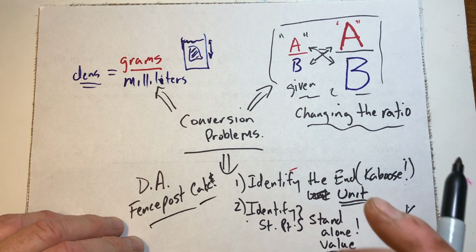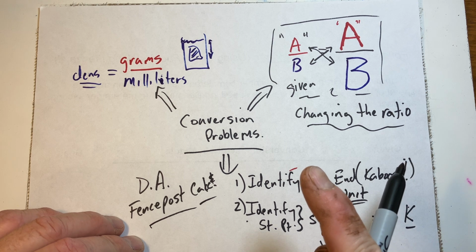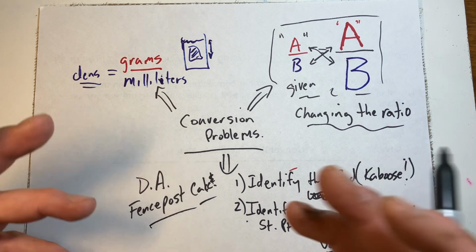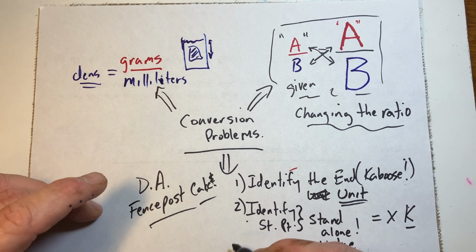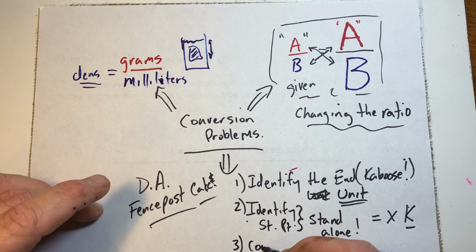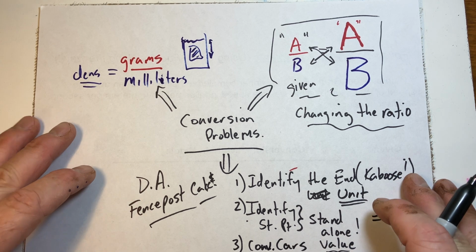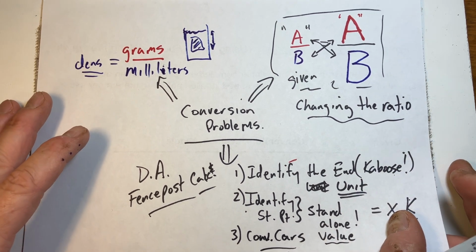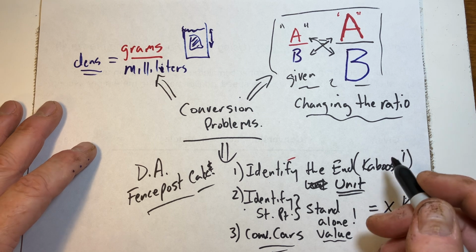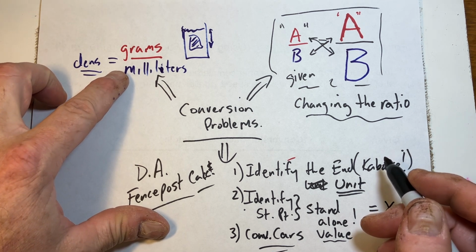Then last, and I'm almost out of space here, we'll again look for those 3 steps as we do fence post calculations. Identify the end. What do they want? Where are we starting? What's the starting point in our fence post calculation? And third, we're going to have to build some conversion cars. Those conversion cars are basically going to just be ratios. So, for example, we had up here grams per milliliter.